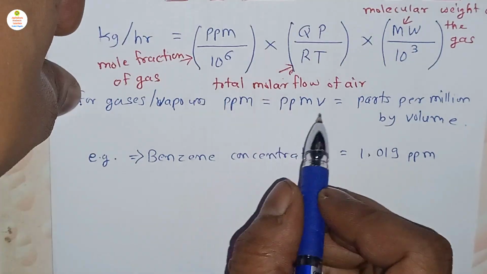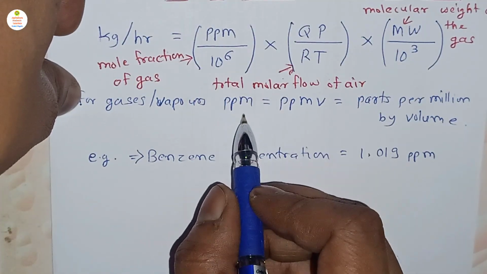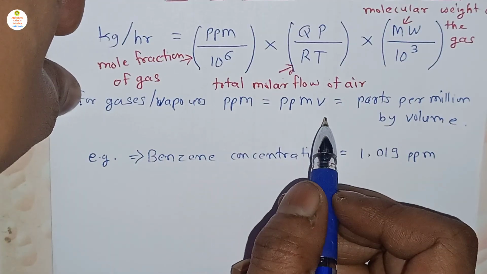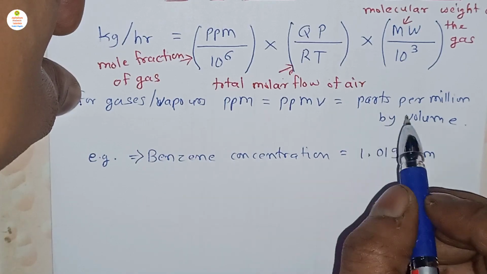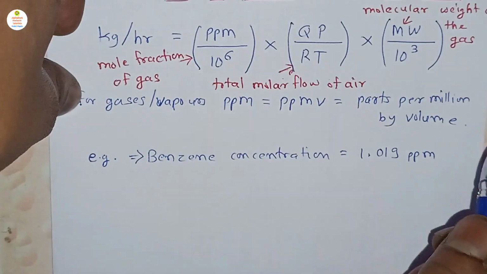Okay, both are ppmv. We write it here because ppm is the general term, and ppmv is for gases or vapors, because this ppm value is based on volume, that's why.